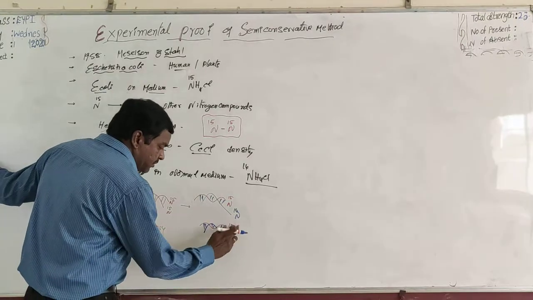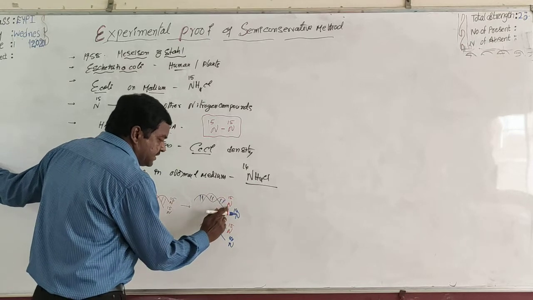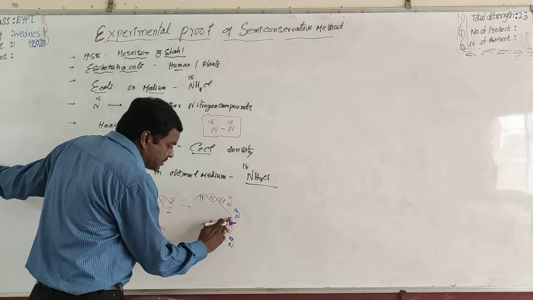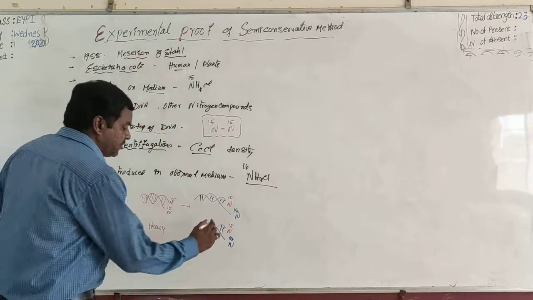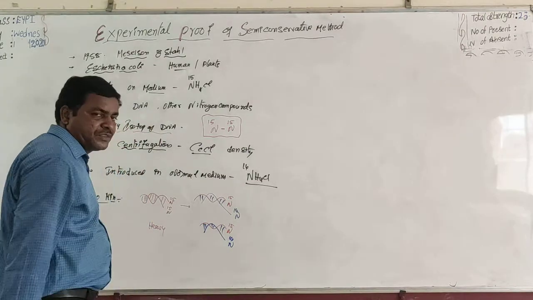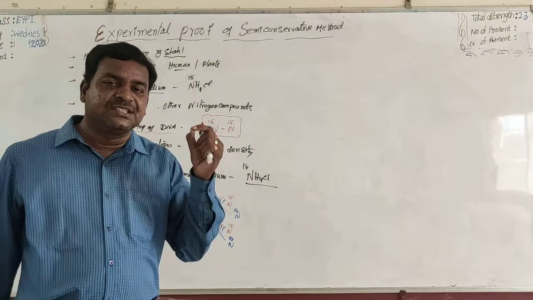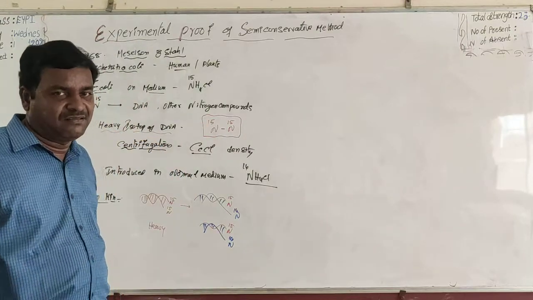These two DNA molecules contain one old strand, the red colored strand. This is the template strand, the old strand. And the blue colored strand is the newly synthesized strand by using N14. So one strand is the newly synthesized strand, the other strand is the template strand, meaning the old strand. Both strands are there.